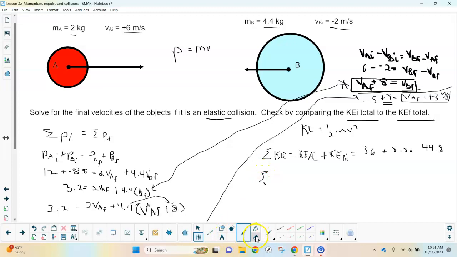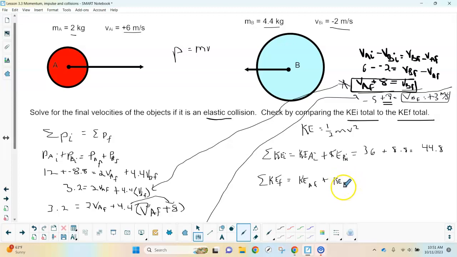Let's try this again. So sigma KE final. We have to think about what's moving at the end. We have both things. Kinetic energy A is moving, so A has a final kinetic energy, and B is also moving, so it has a final kinetic energy. Again, I'm going to just do the work on my calculator.